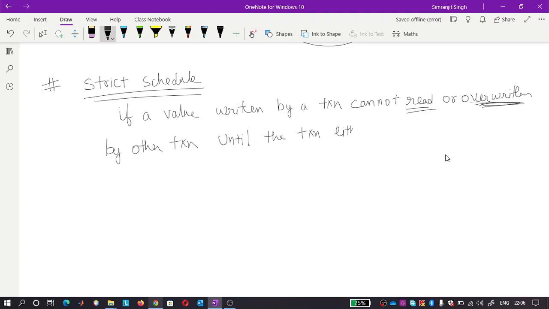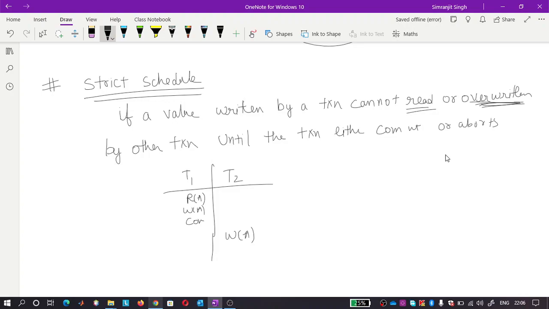I'll give you an example. T1 followed by T2, then read of A, write of A, then you do a commit, and then you can write the value of A here. Previously, in the cascadeless, you could write the value of A before the commit, but now this is not possible.